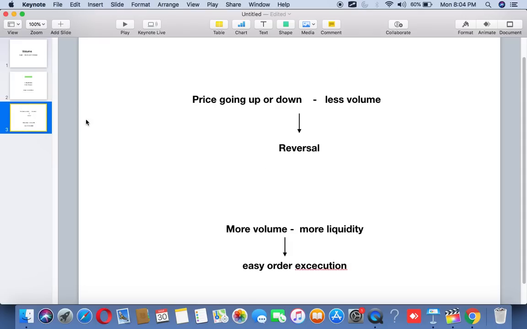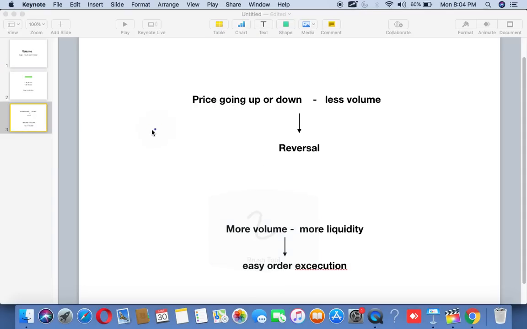Apart from that, a very important thing is, see, if the price is going up in intraday, let's say plus 2%, plus 3% Reliance, or let's say it is going down, negative 3%, negative 4% Reliance. But if the volume is very less while the price is going up, that means weak hands are trading.